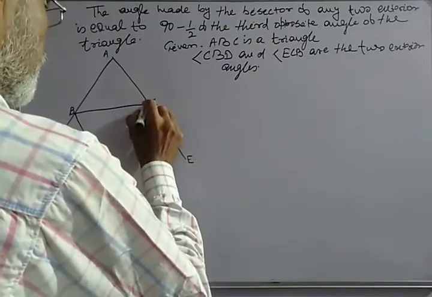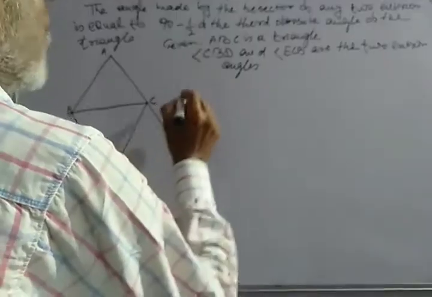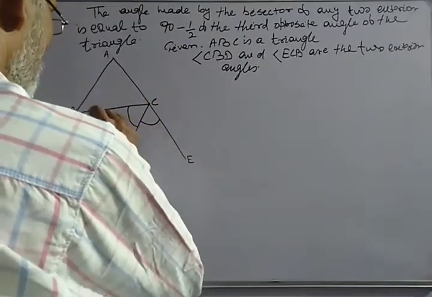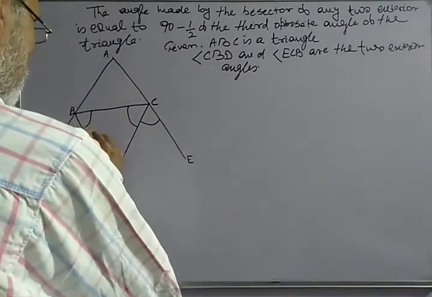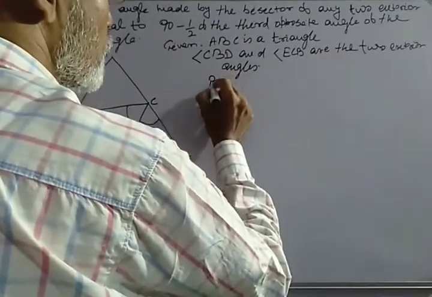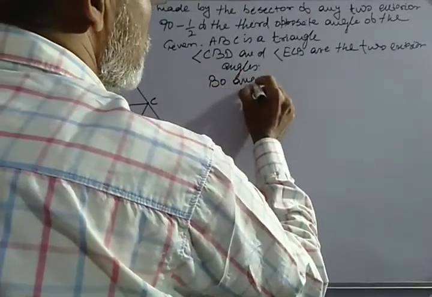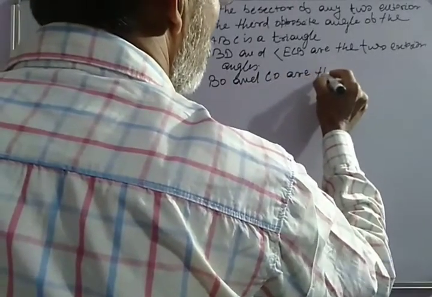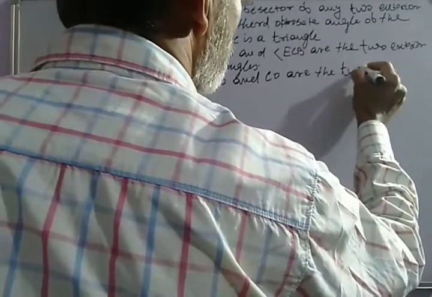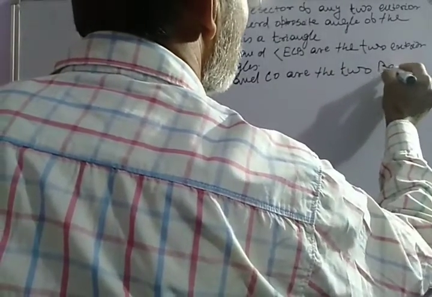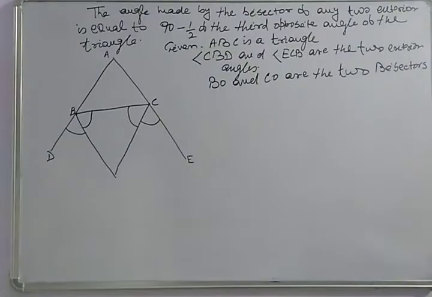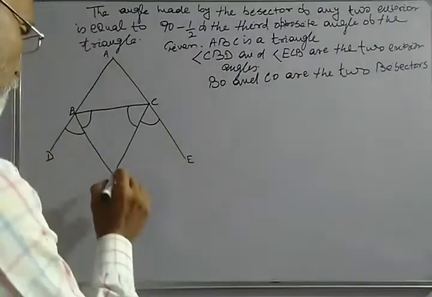BO and CO are the two bisectors. Given. So what is to prove?